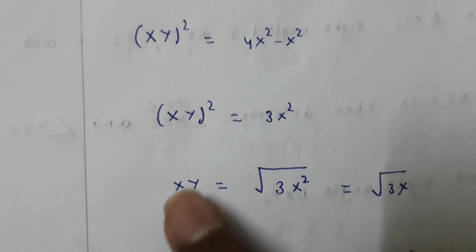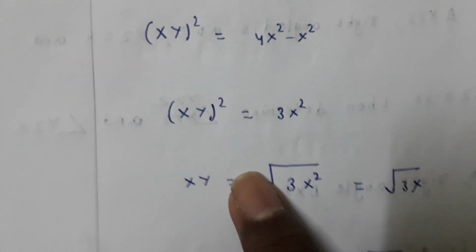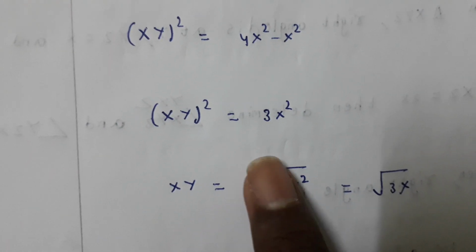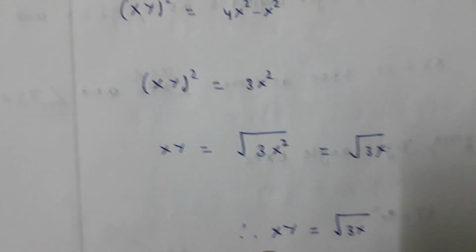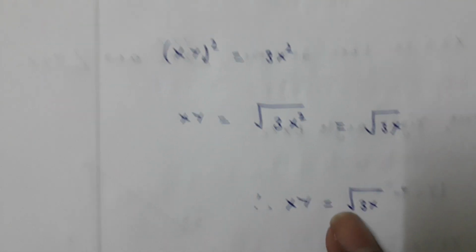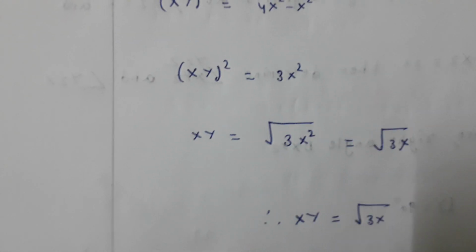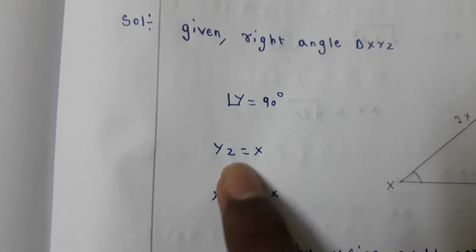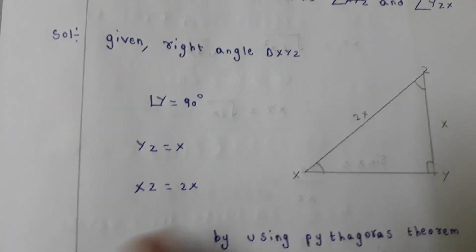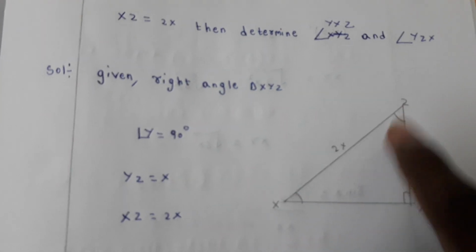So remove the square, it will become root. XY is equal to square root of 3x square, so that is equal to root 3 x. Therefore XY we got root 3 x. So now we know all the sides: XY, YZ and XZ.